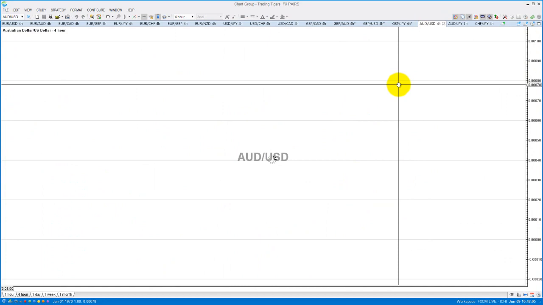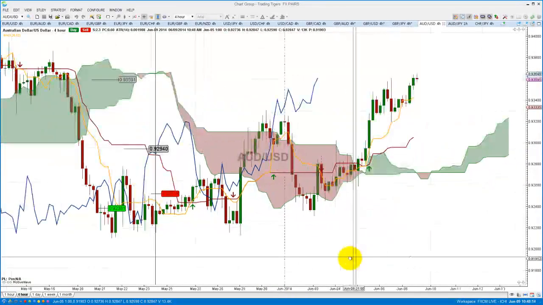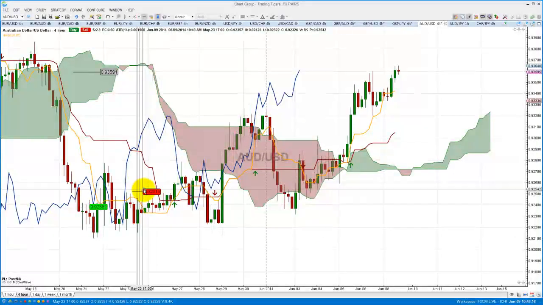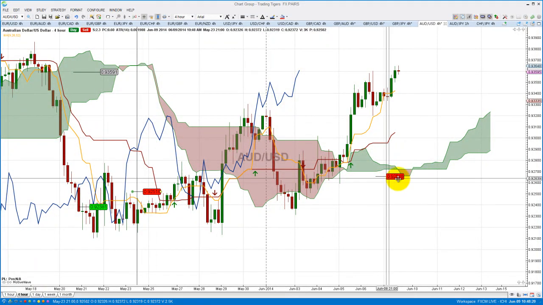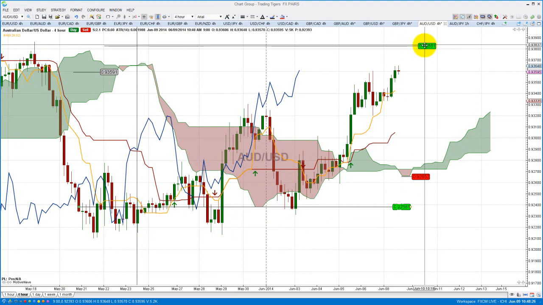So let's have a look. Aussie US dollar. In fact, what we'll do, we're going to go long on this position here. We'll put our stop loss just there, and we can take our entry.